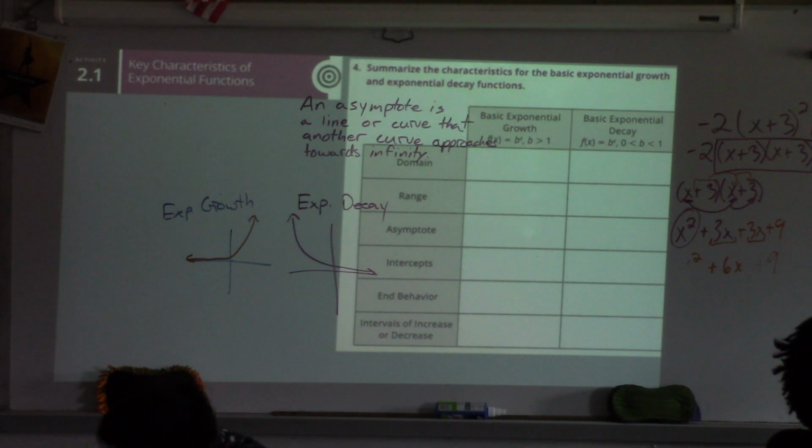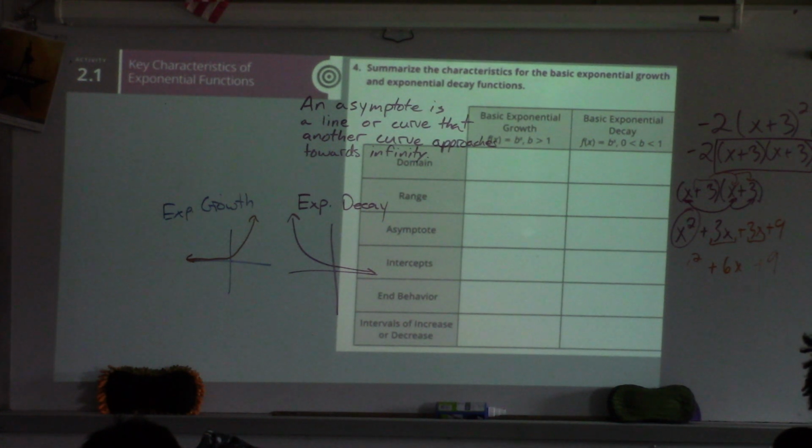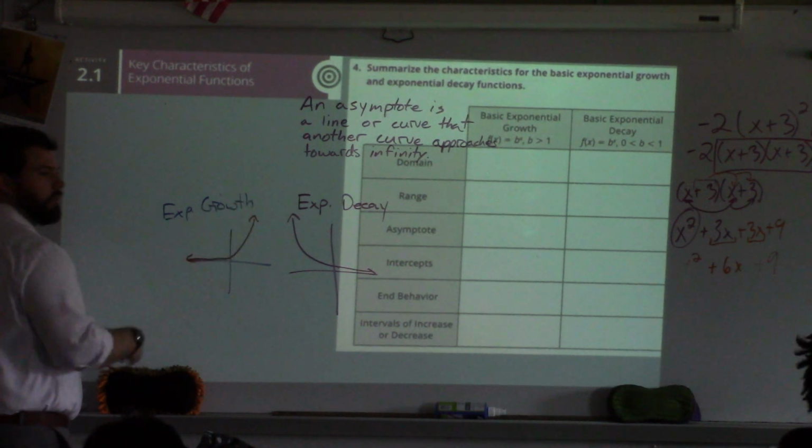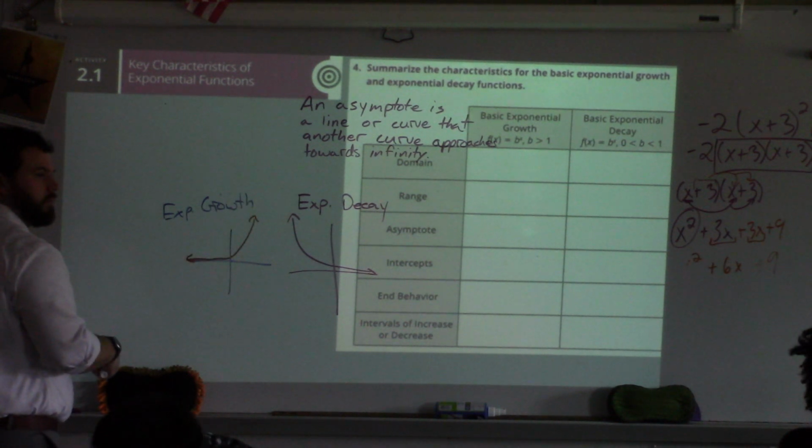So Robert, do you see anything that we might describe as an asymptote, looking at those graphs? Where? So like the curve itself is the asymptote? Say again, Caleb? Domain, range.